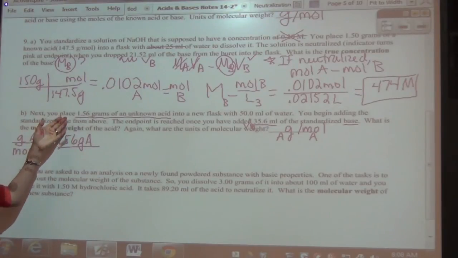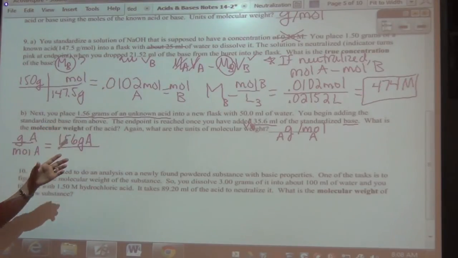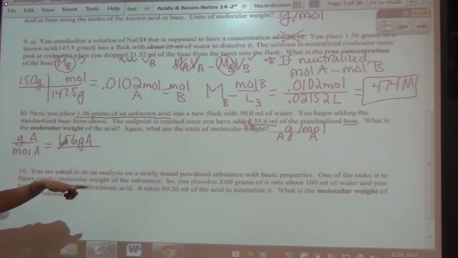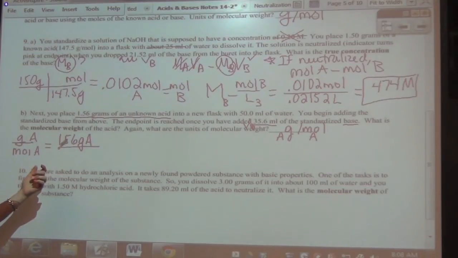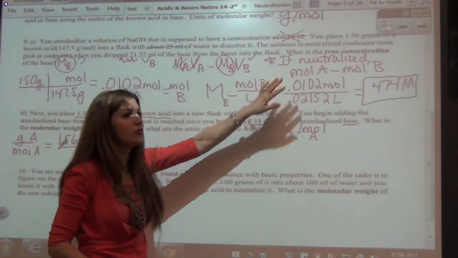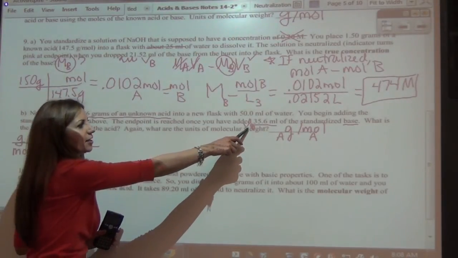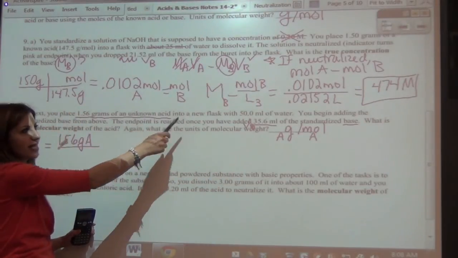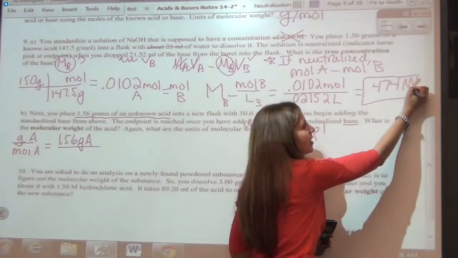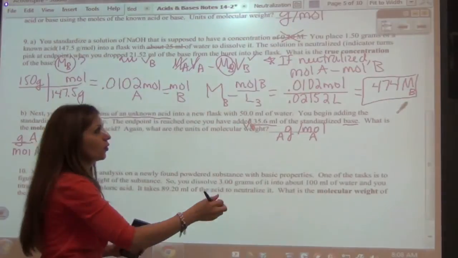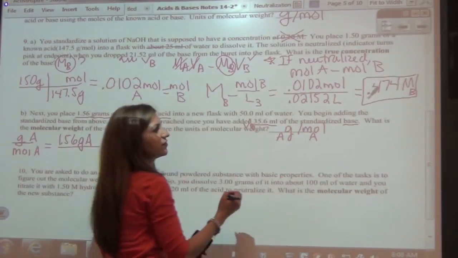As long as I know the moles of my base, then they're equal because it's neutralized again. So going back to if it's neutralized, then they're equal. Could you figure out the moles of your base? Well, they only give me VB, but they say that I'm using the same base that I used up here, so that's supposed to be 0.474.